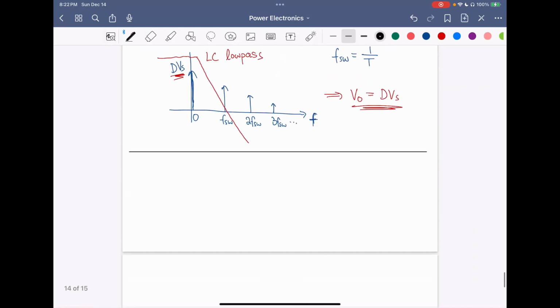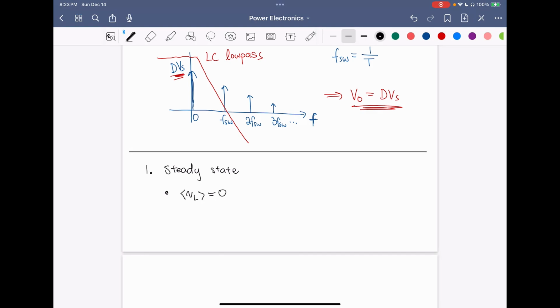As I mentioned before, the first assumption is that the converter is operating in steady state. This means that the circuit has finished its startup process and it's running in a repeating cycle. And what that means is that the average inductor voltage is equal to 0.